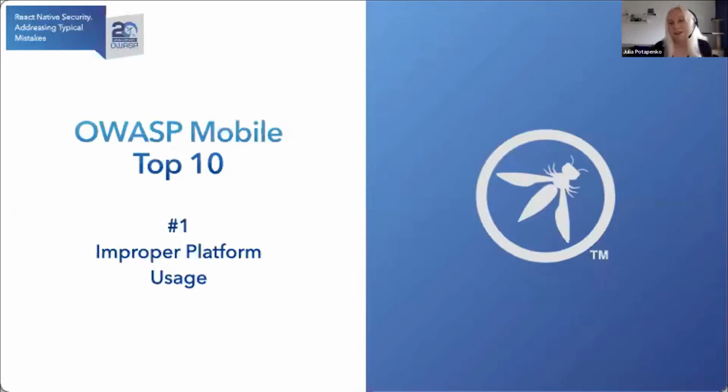The first item in it is improper platform usage. And the sad truth is that if it's hard for iOS and Android developers to use platform-specific security controls, it is even harder for React Native developers because, again, you need to deal with the specifics of all three platforms. I will show you multiple examples of this.